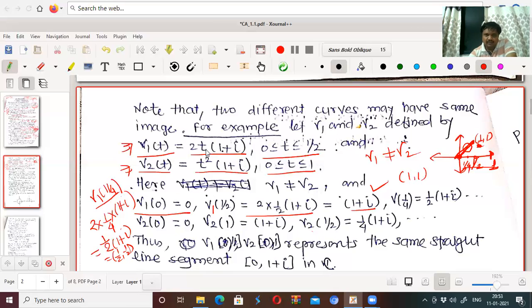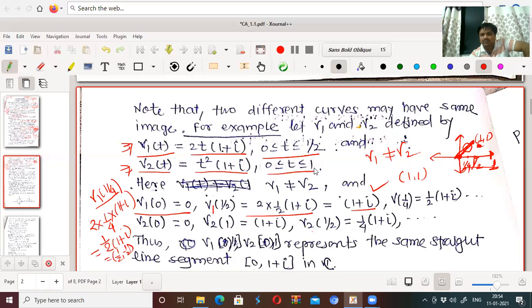So then what about this one? Gamma 2 at t equal to t square into 1 plus i. Now at t equal to 0, gamma 2 at 0 equal to 0, so the initial point coincides with this one. At the terminal point we will find gamma 2 at 1 equal to again 1 plus i.